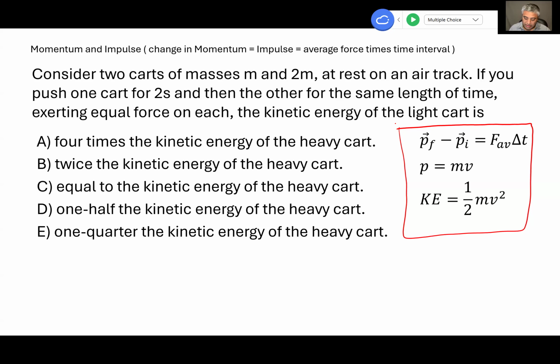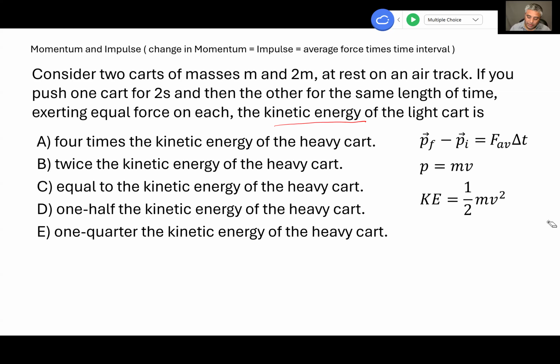Although I said momentum and impulse, it looks like this question is talking about kinetic energy. See, kinetic energy has half m v squared, momentum has m v, so they are closely related, okay? They both come from a product of mass and velocity. One has velocity squared, another one has just velocity.